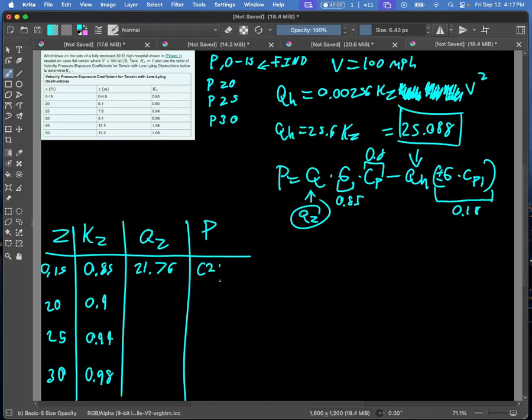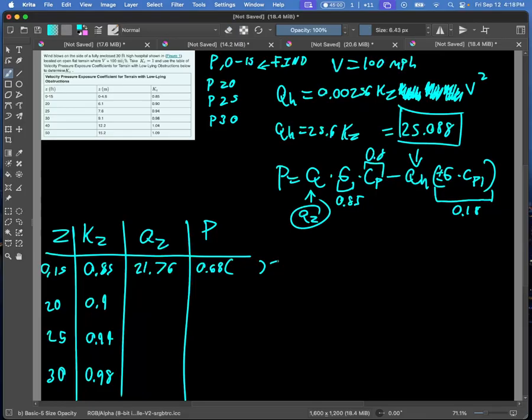So our P is then going to equal, well, we can probably simplify this quite a bit by doing 0.85 times 0.8. So let's see what that is. 0.85 times 0.8 means 0.68. 0.68 times whatever number QZ is, minus, and then we're going to have a, what is that, 25.088? Times 0.18.